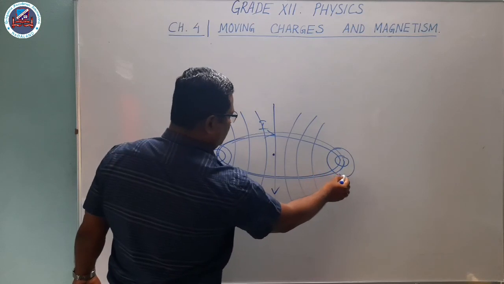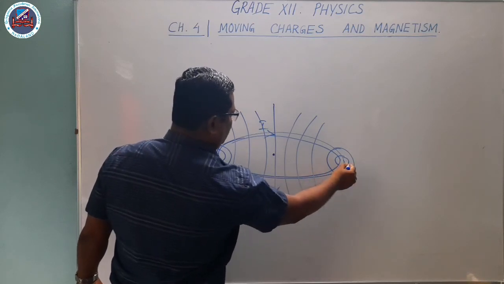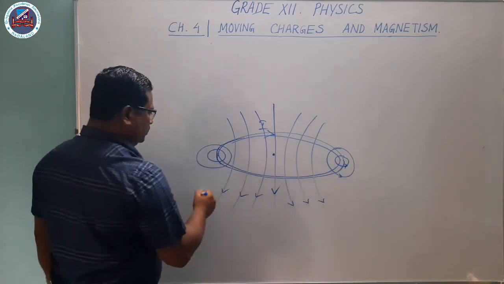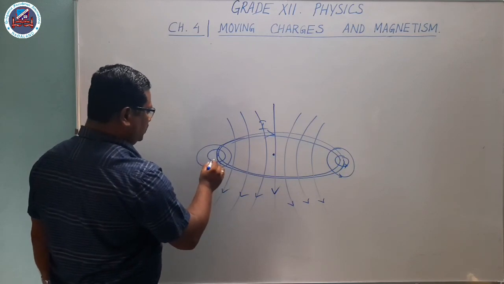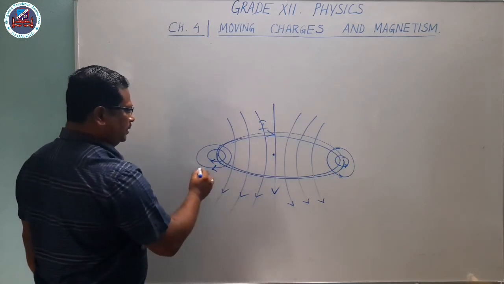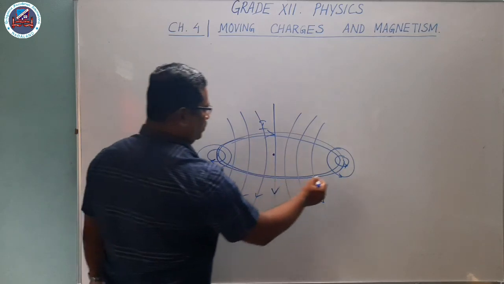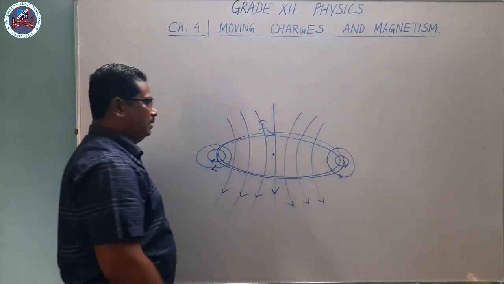Here downside, then it will become anti-clockwise. And here downside, then it will become clockwise. Like this only you will put it. One side will be clockwise, one side will be anti-clockwise.